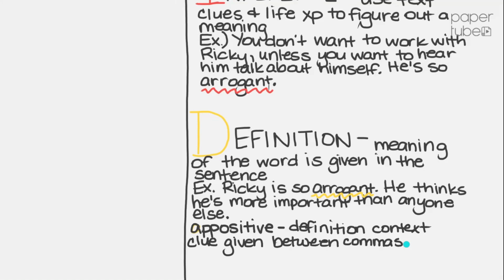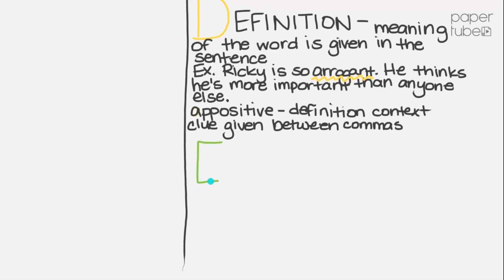All right, so we've got our I, we've got our D. The next letter in IDEAS is E. The E stands for example.